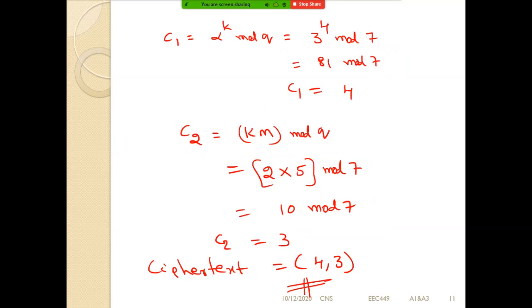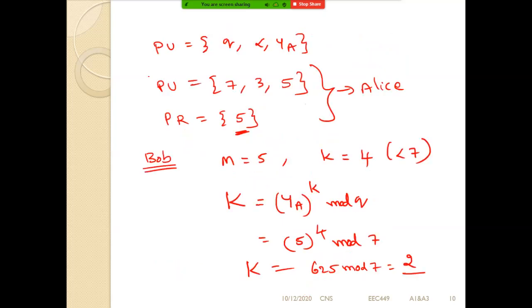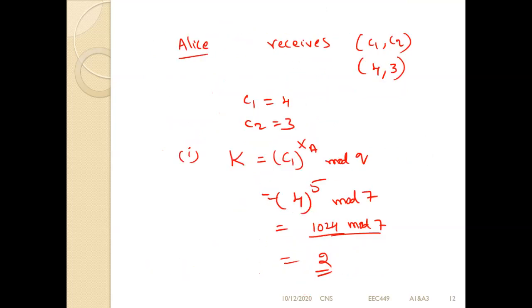No one knows, but Bob calculates the capital K, and it is exchanged to Alice without anybody knowing, so we can say securely exchanged, because here Alice is using her own private key to calculate the secret key.